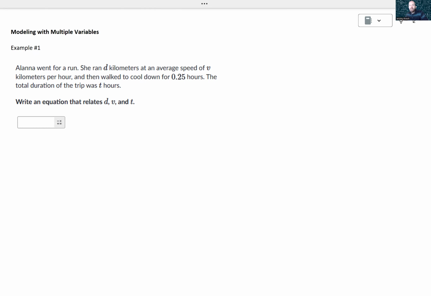So in this case, we don't have to write D equals or V equals or T equals. We just have to choose how we want to write this equation. We just have to make sure also that all three of these letters are in our equation. So we're going to use the equation D equals RT.